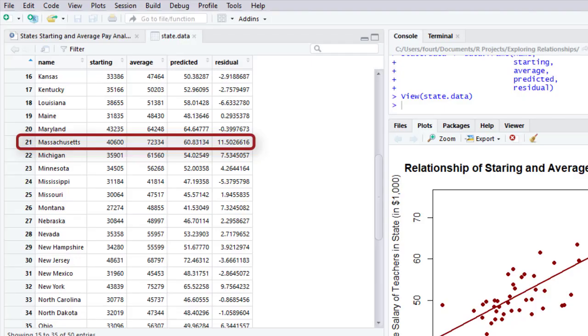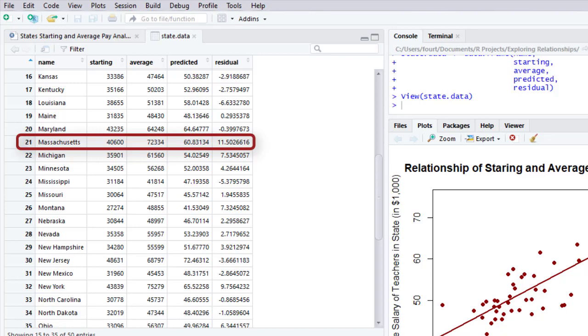This is for Massachusetts. It's a positive residual, which means that Massachusetts is paying an average teacher salary that's even greater than we would have predicted based upon their starting salary. Perhaps Massachusetts has decided to reward experience. We would have to investigate further to see the reason for this residual.